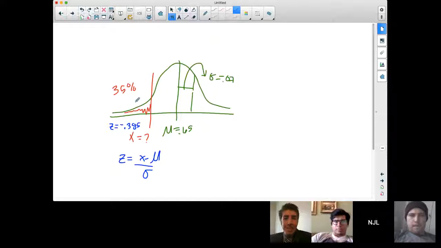If you're to the left of the mean, your z-score's got to be negative. Yeah. All right, so now I've got a z-score, I've got the mean, I've got the standard deviation, so therefore I can solve for x. So I'm just going to use this formula. Like that. Does that make sense? Yes.